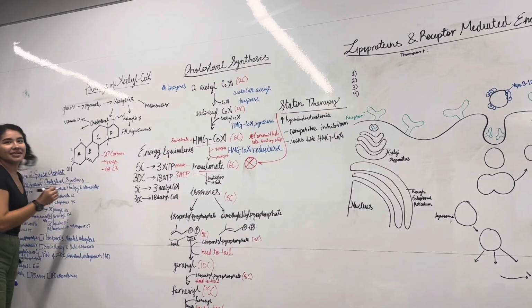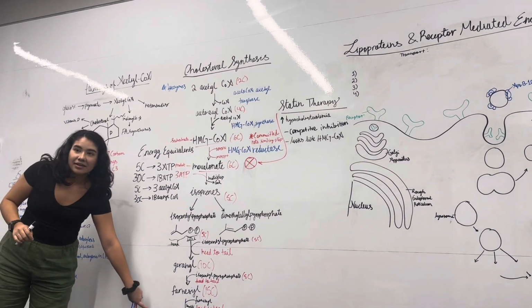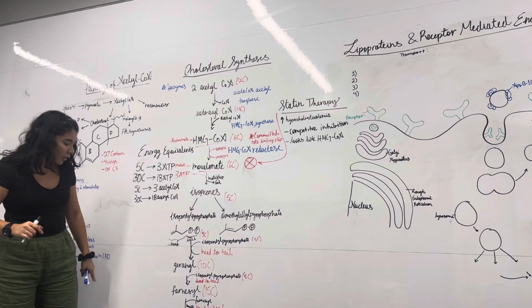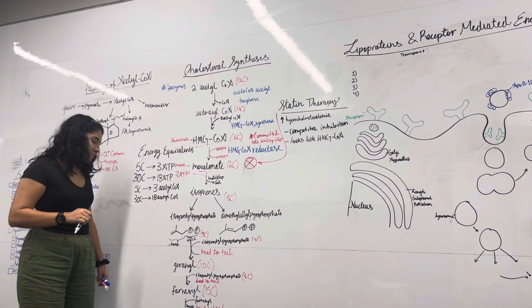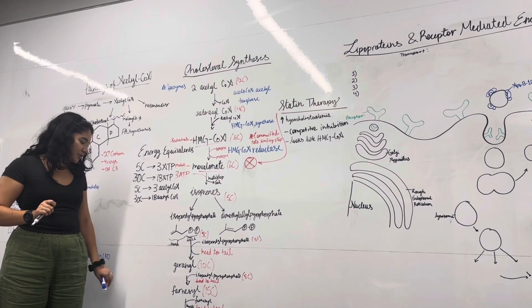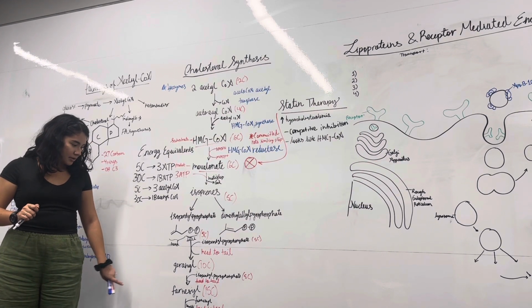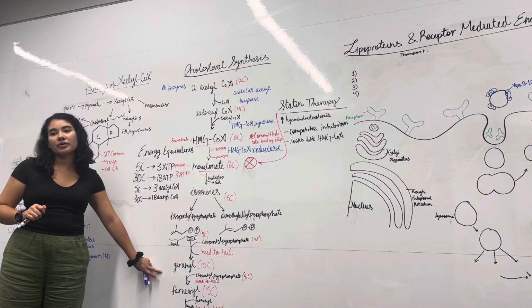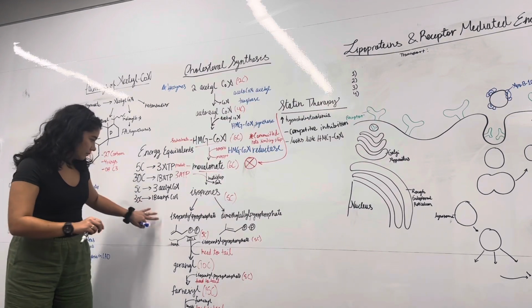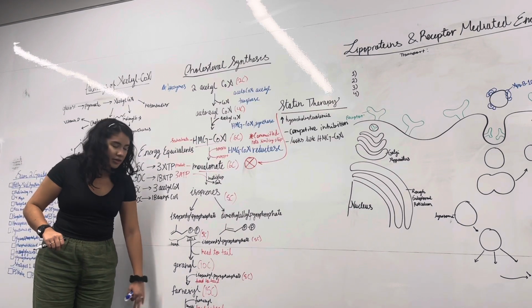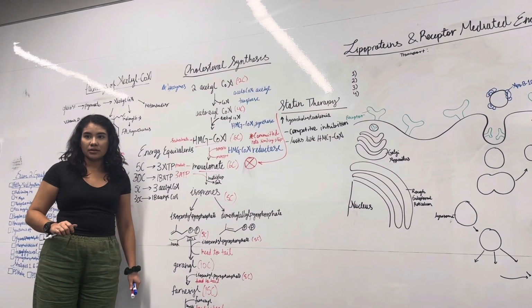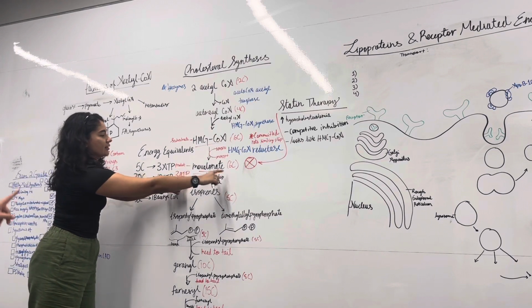Which one makes it? I got the lanosterol. I think it was the one of the squalene or something. That was one of them, right? Yeah, I think so. And then I mixed up the order of those. So it's the isopentenyl pyrophosphate, and then geranyl, then farnesyl.